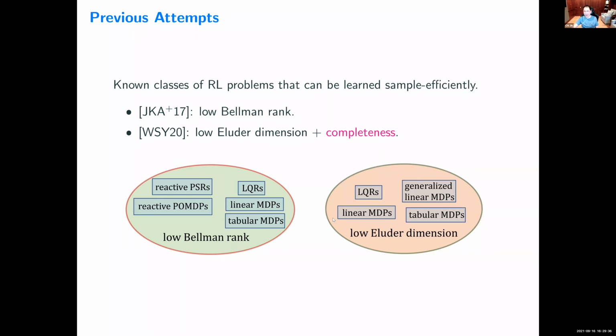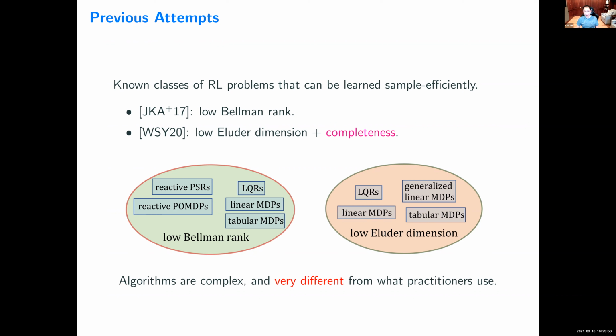They share some common examples like LQR and linear MDPs, but they also include other classes like the generalized linear MDP that is not in low Bellman rank, and low Bellman rank also has some classes that are not in low Eluder dimension. So those are the two generic classes we have known so far that are general and able to deal with some function approximation.